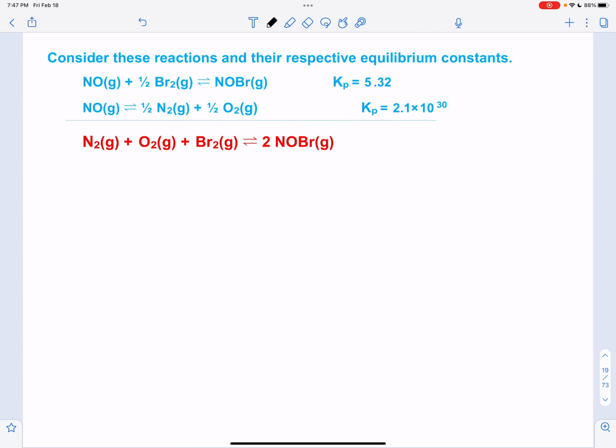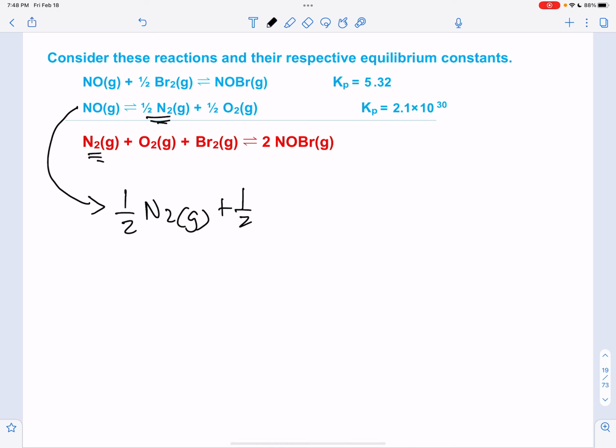Sorry for that. So what are we going to do? We're going to take this one and flip it so that the nitrogen gas is on the left side. So 1/2 nitrogen gas plus 1/2 oxygen gas produces nitrogen monoxide gas.